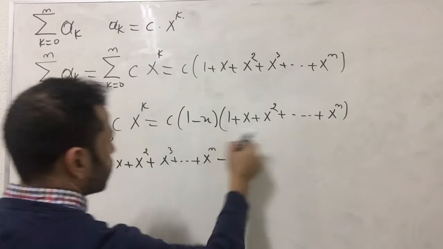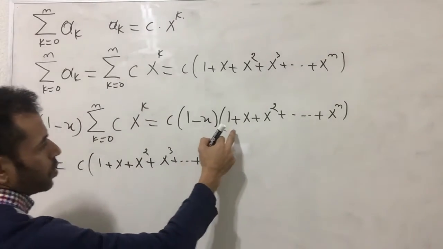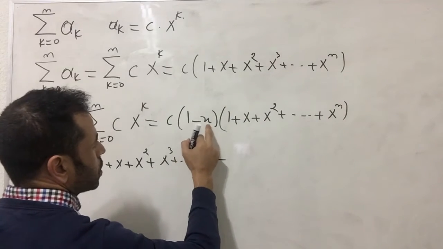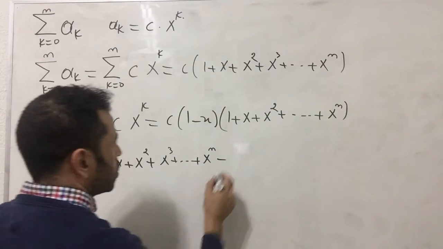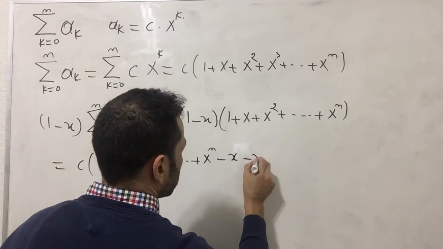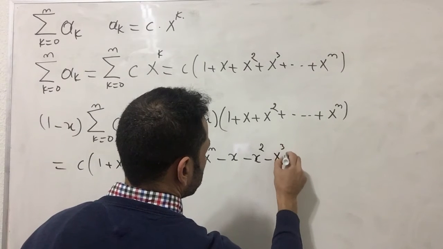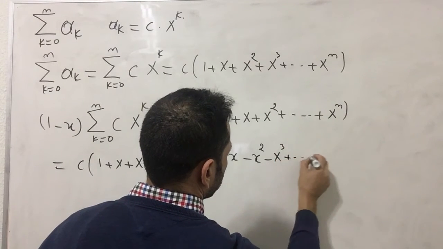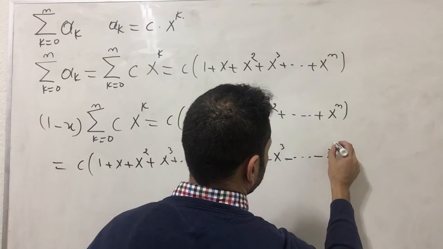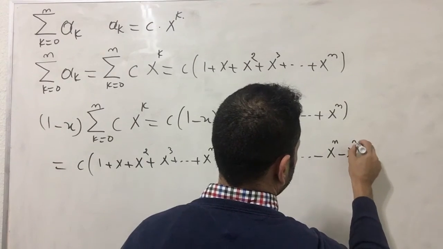Minus this x, I'm going to multiply this x with all these terms, giving me minus x, minus x squared, minus x to the 3, and all the way down until you get minus x to the n, minus x to the n plus 1.